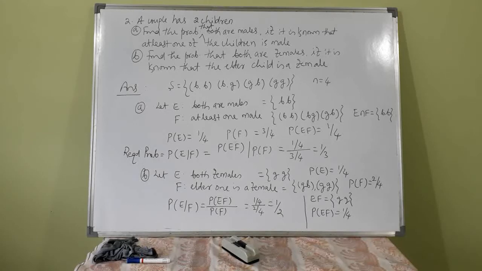E intersection F is only GG and probability of E intersection F is 1 by 4. So probability of E given F is equal to probability of E intersection F divided by probability of F, that is half.